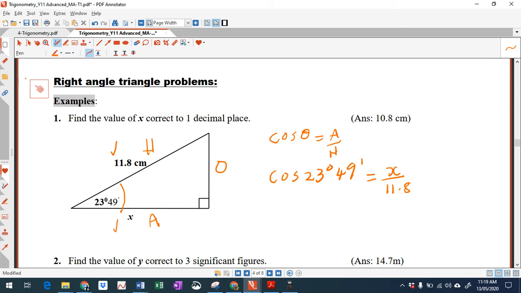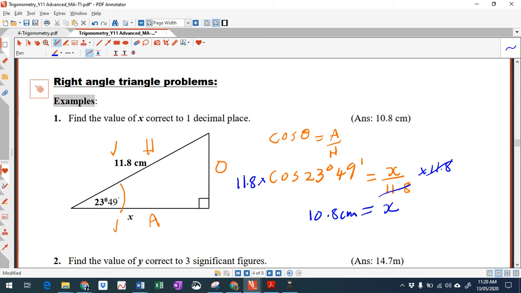Now to get the x by itself, I'm going to have to multiply both sides by 11.8, so this will cancel here. So it gives me x on that side. So you're going to get 11.8 multiplied by cosine 23 degrees, 49 minutes equals. So to 1 decimal place, 10.8 centimetres.